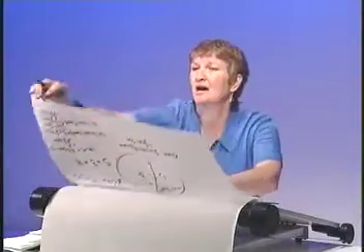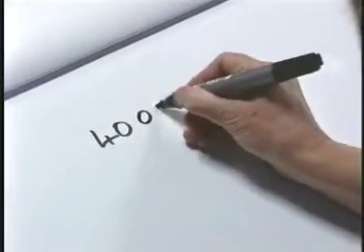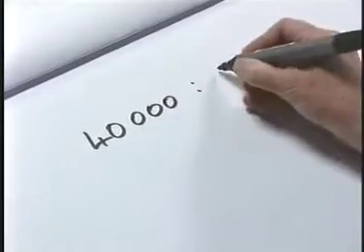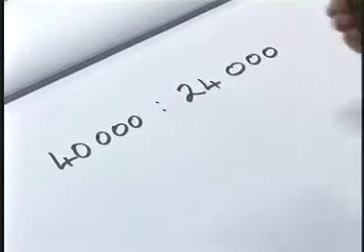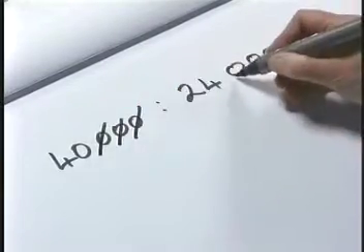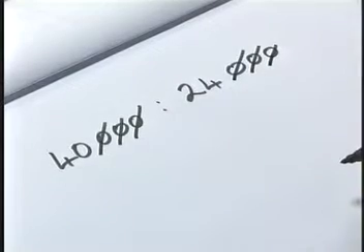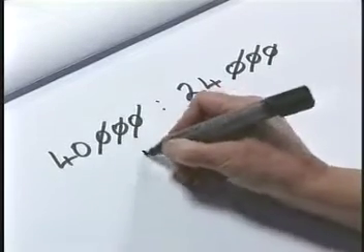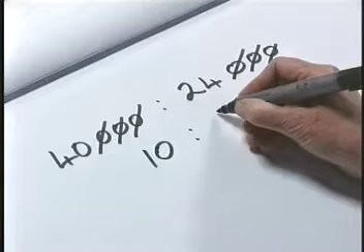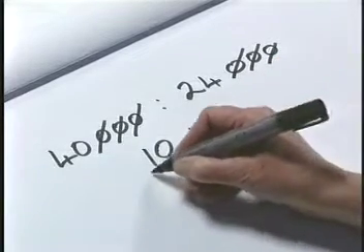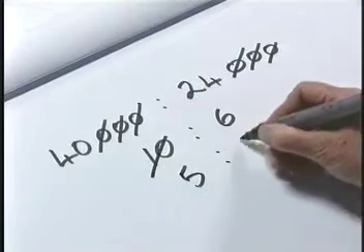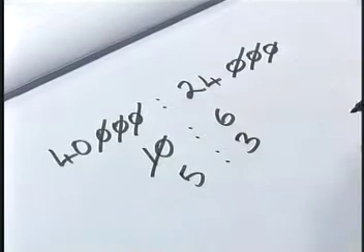So if we take our 40,000 that Mrs. Sharp got, and then the 24,000 that Mr. West got, and cancel them down, we cancel by 1,000, then we cancel by 4, so that will make 10 to 6, and then cancel by 2, so that will make 5 to 3. We do actually get the same ratio that we started off with.